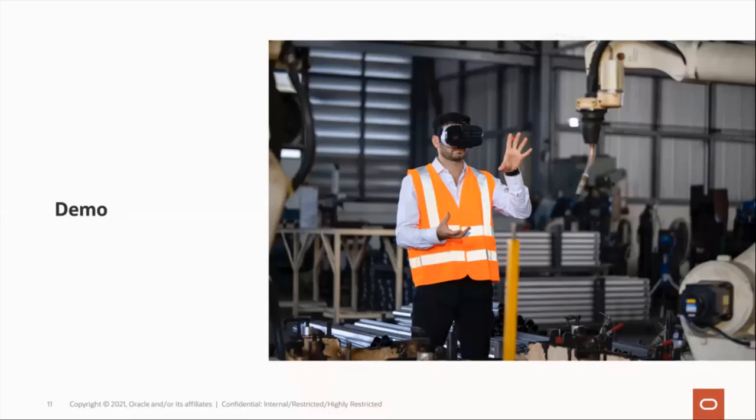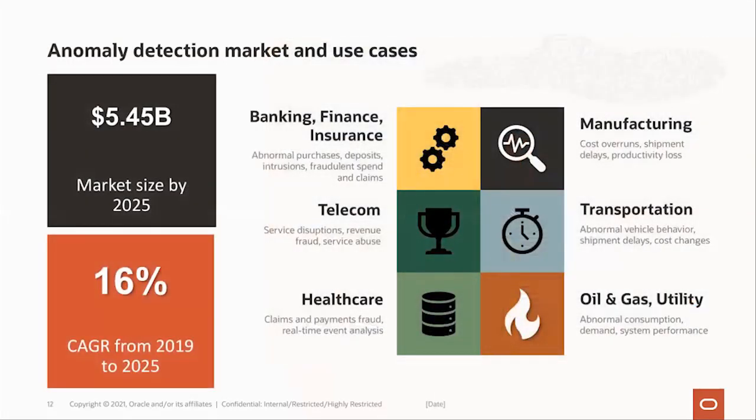So we just looked at the demo. Let me talk about some of the use cases that we have been working on with a variety of customers to give you an idea of how OCI anomaly detection can be used. Anomaly detection is widely usable.